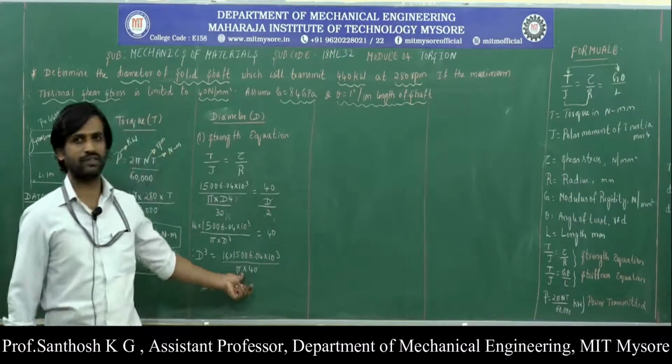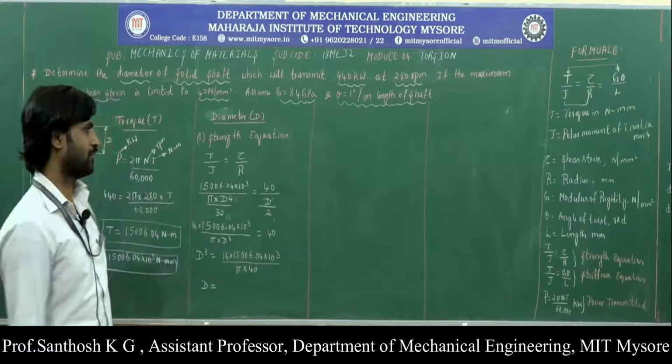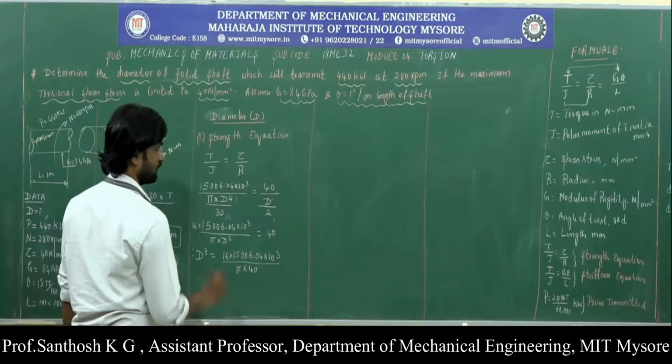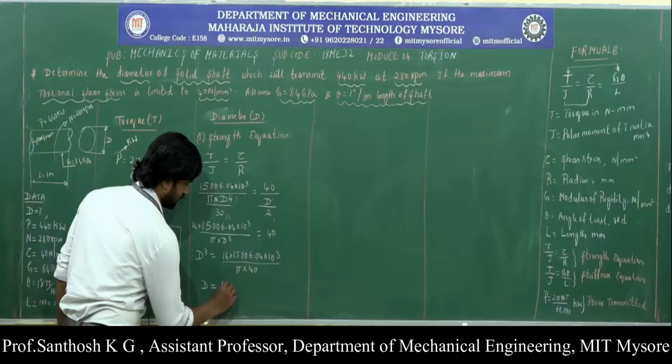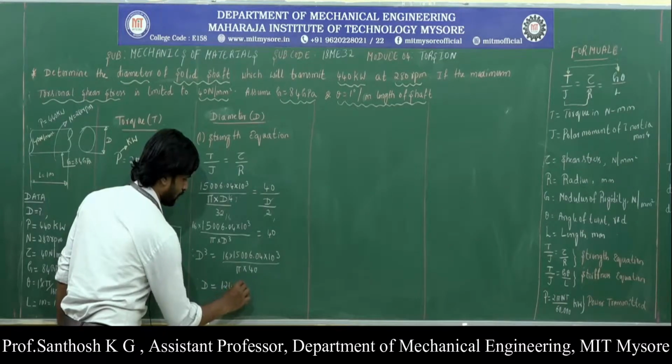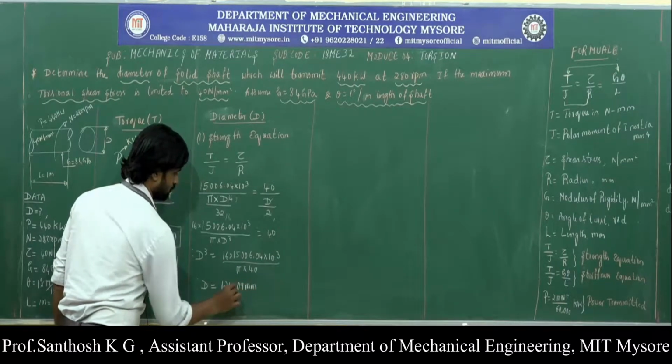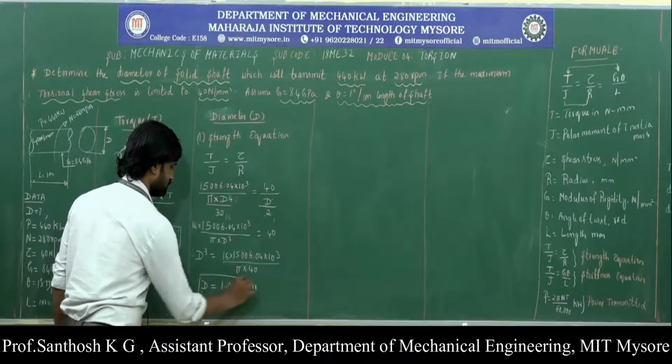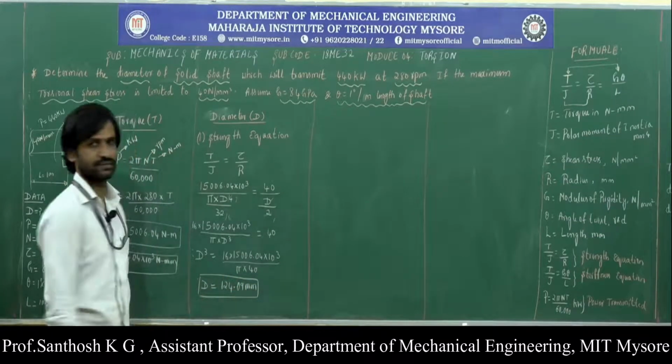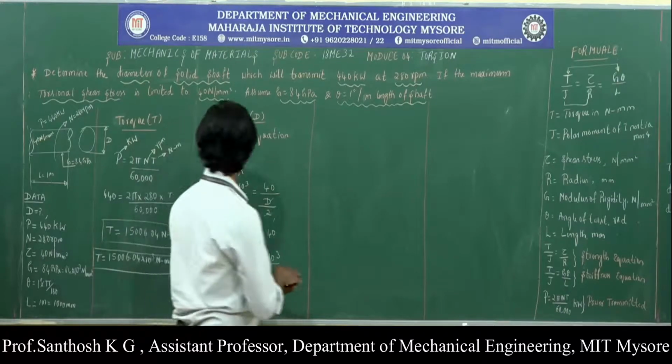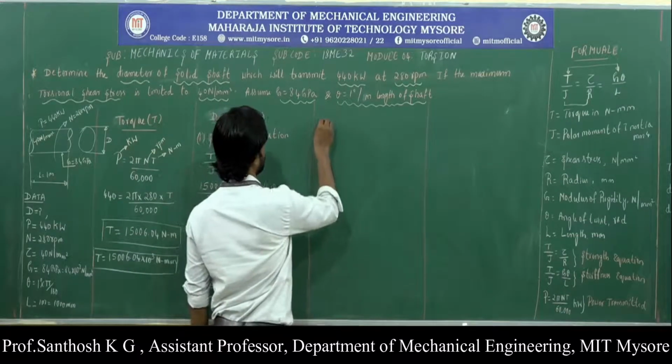By solving this equation, we get the value of d as 124.09 millimeters.